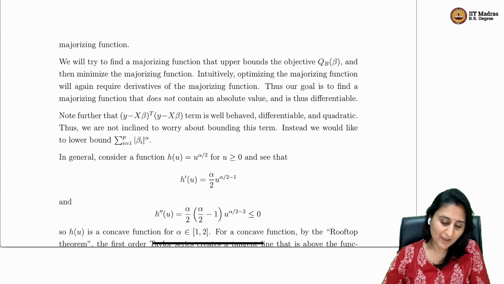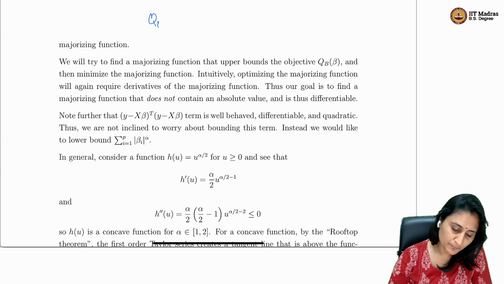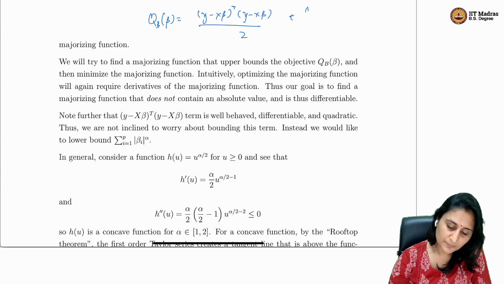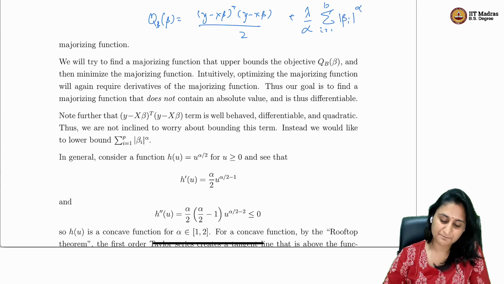Okay. So we have two components of our Q_B(beta). One component is (y minus x beta) transpose (y minus x beta) divided by 2. Another component is lambda by alpha, summation i going from 1 to p, |beta_i| to the power alpha.